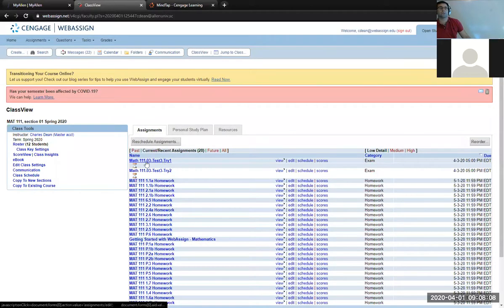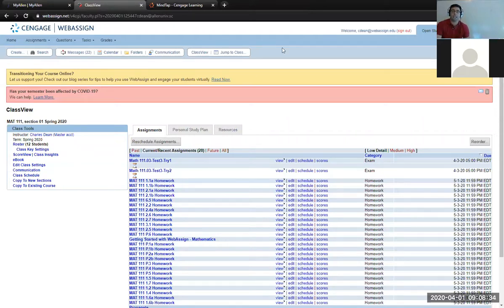It says Math 111.3, test 3, try 1, and test 3, try 2. So those are the 2 tests. You just take it online. It looks just like a normal homework, but it is timed. That's what this little hourglass thing right here means.